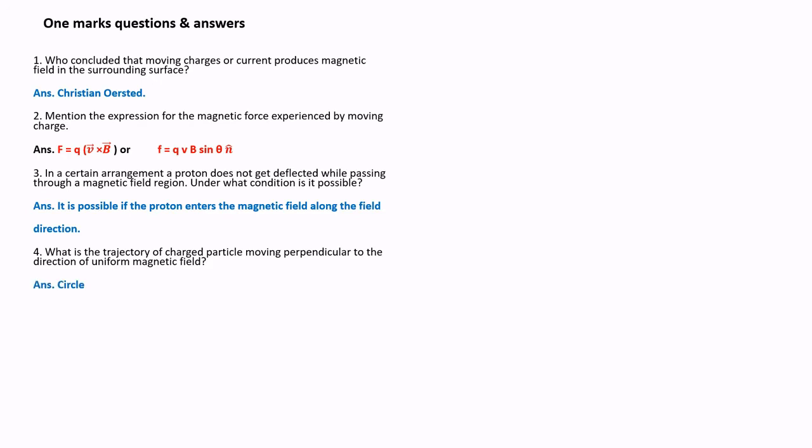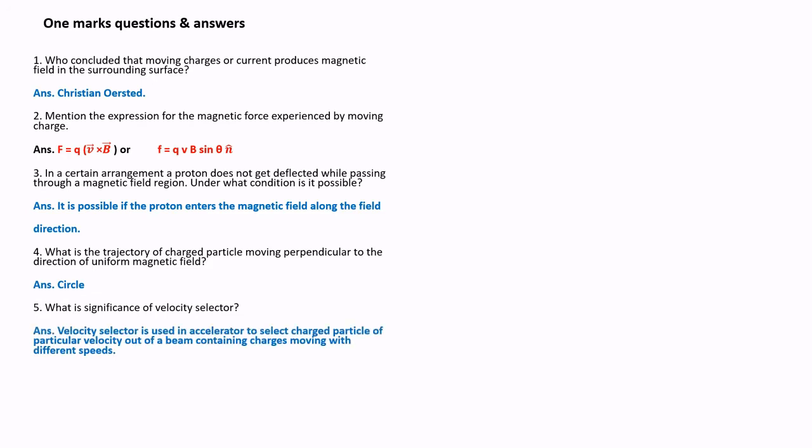Question number 4. What is the trajectory of a charged particle moving perpendicular to the direction of a uniform magnetic field? Answer. Circle. The trajectory of the charged particle is a circle.